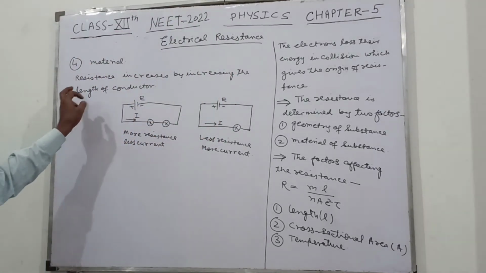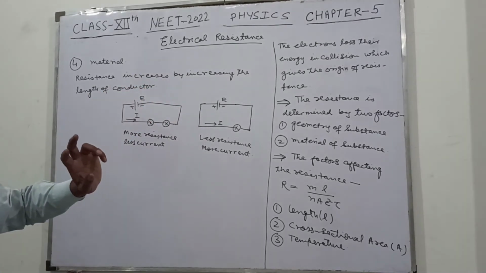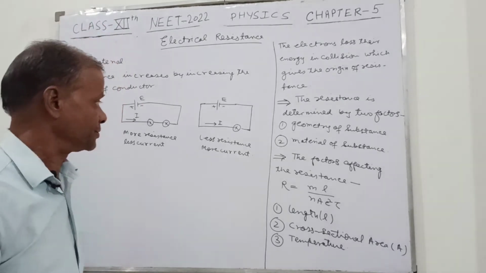So when this length is increased, what happens? The electron strikes more positive ions.